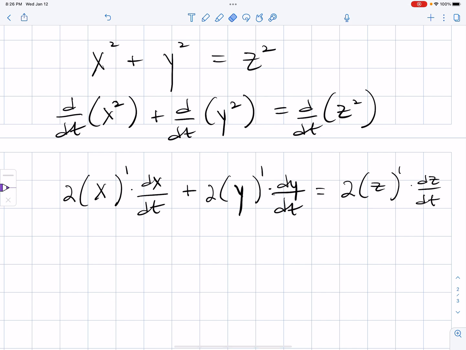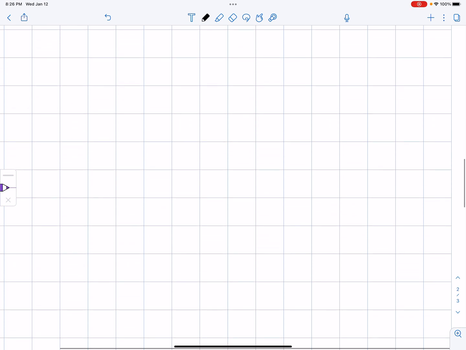And then we can apply additional rules while we're using implicit differentiation. So if we had something like x times y equals, I don't know, how about 2x to the 4th?